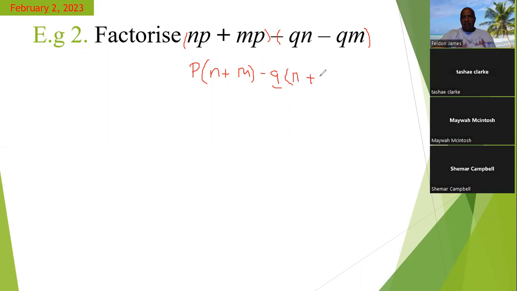Now we close our brackets. After we have done that, we look at the two bracketed expressions. Before you go any further, you want to check and ensure that these two expressions are exactly the same.